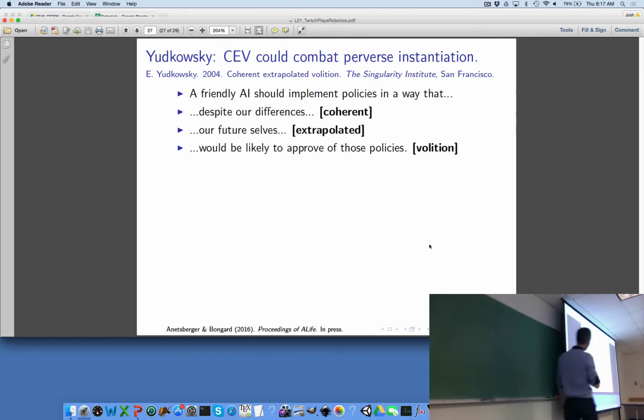Bostrom talks about this example in his book. Imagine an alcoholic. An alcoholic might thank you for giving him or her a drink in the moment, but many years later, after dealing with alcoholism, may thank you for retroactively not having given a drink in the moment, right? So this is extrapolated volition.